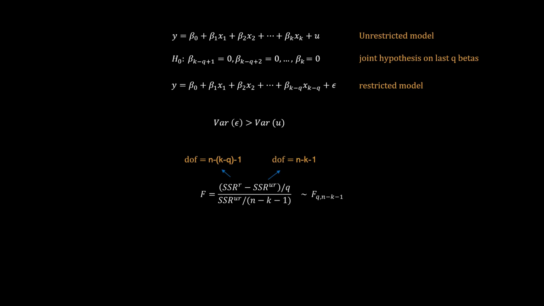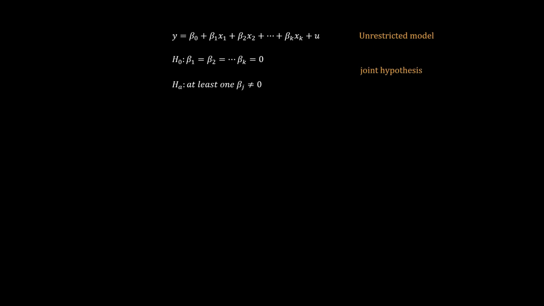So the numerator has q degrees of freedom, which is the difference between these two degrees of freedom. If the p-value for the F statistic is significant, then we reject the null. Also, the F statistic does not suffer from the fallacy of the p-value because it accounts for the number of predictors in the calculation.